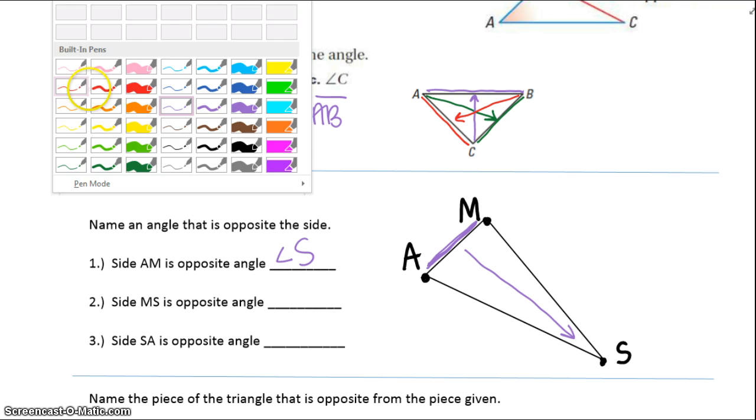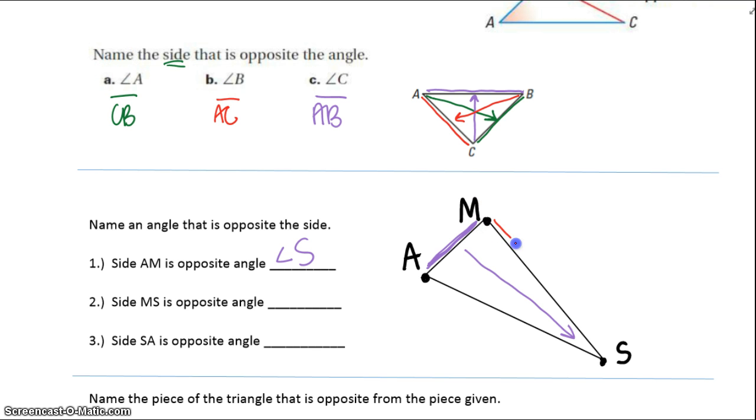So let's do that again. I'm going to change to red. So we have side MS. If you're having a hard time seeing what angle, this is where I have students accidentally tell me a side is opposite a side. Watch out. What angle is opposite from this? Students will say, MS and AS are opposites. No. I have a side. You have to give me an angle.